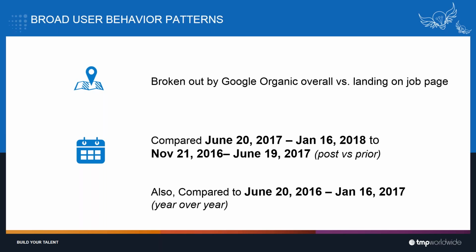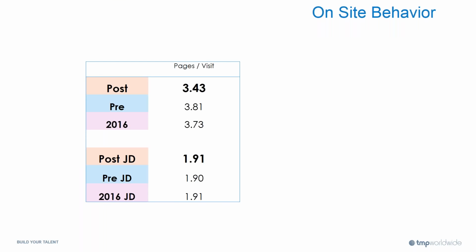So it takes that out and gives us two different time frames to compare against, to look at how Google for Jobs data stacks up to both of these time frames. And so the first thing I took a look at was on-site behavior.